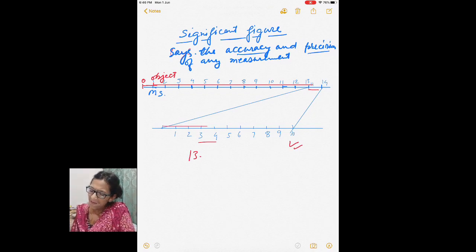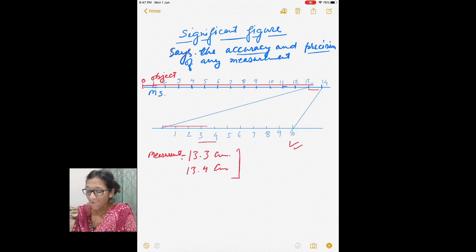So some person may read it as 3, being along one side, and under his limitations, so measurement is equal to 13.3 centimeter. But some other person doing the same thing from some other angle and under his limitation he may read the same thing as 13.4 centimeter.